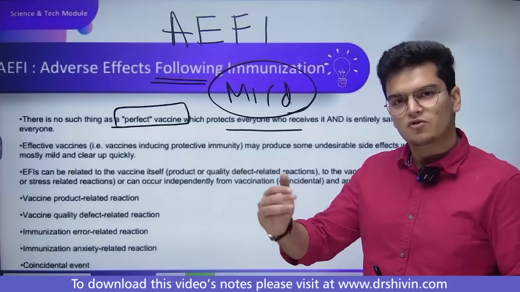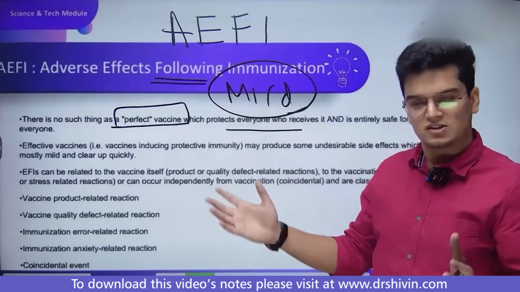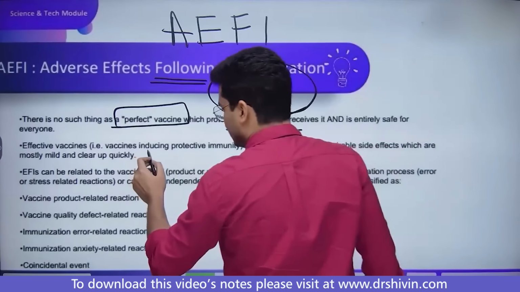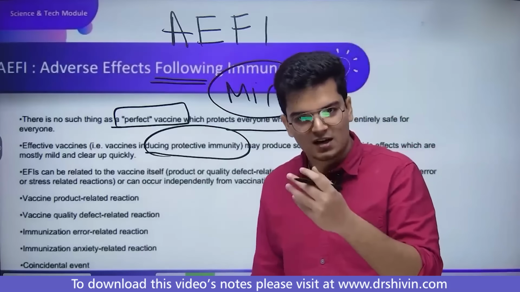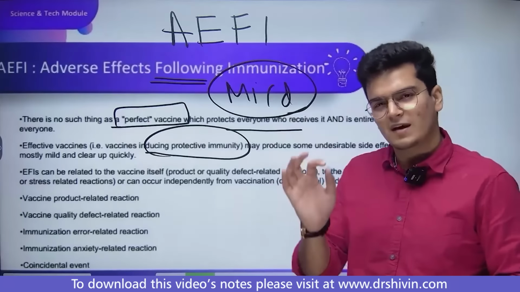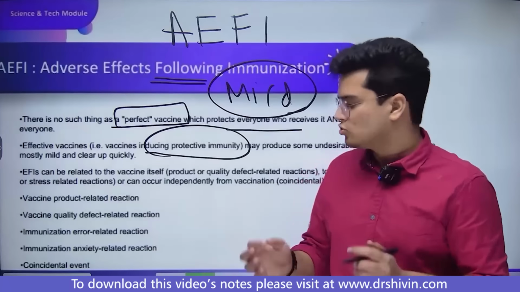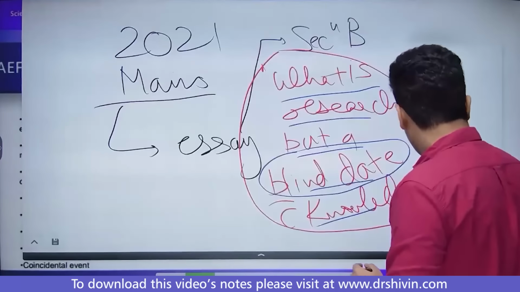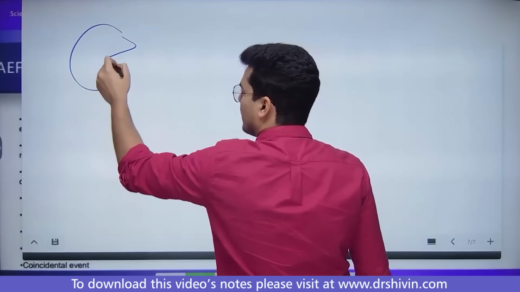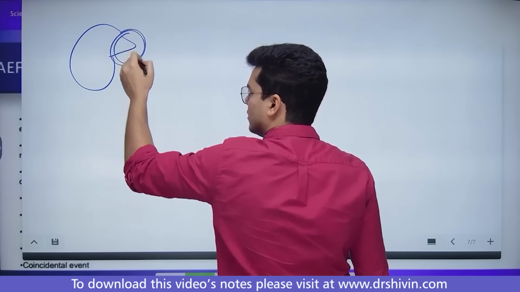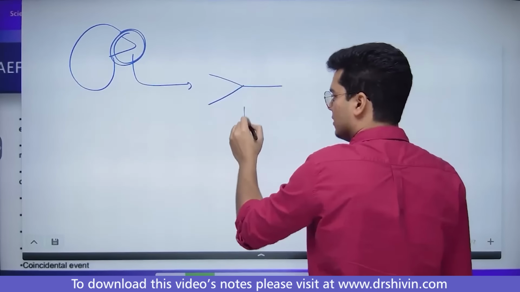Because you are trying to give your body a mild infection to protect from a very big infection later. Now, effective vaccines that produce the principle of memory, that produce protective immunity, are those that give you very little side effects and a lot of immunity, a lot of memory. An effective vaccine would be that I give you a little bit of a pathogen with its antigen, your body recognizes it and forms memory.